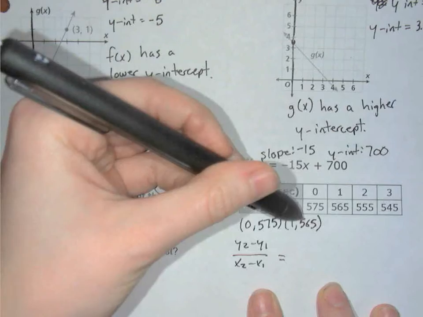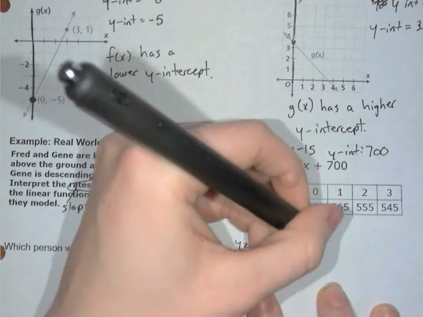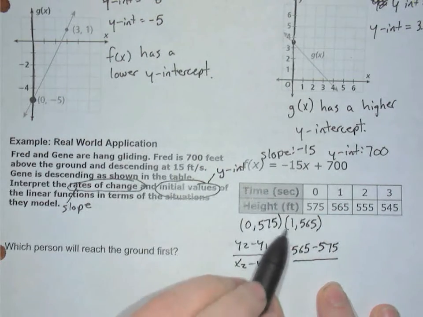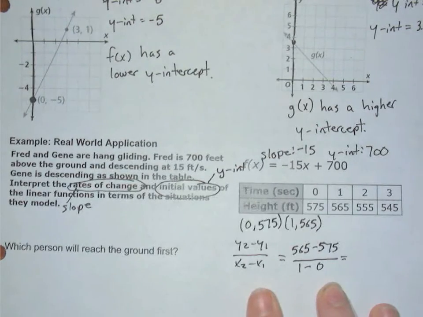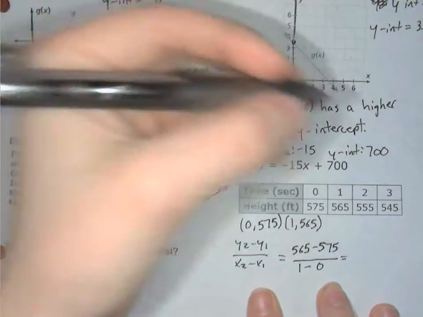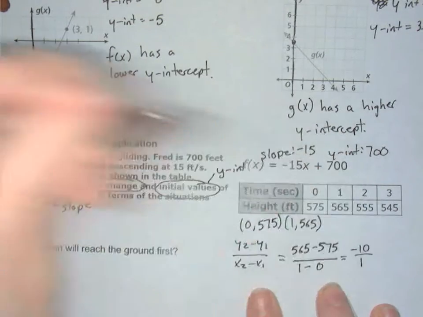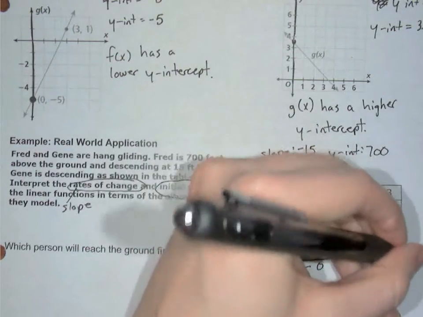So we've got 565 minus 575 over x2, which is 1, minus x1, which is 0. 565 minus 575 gives me a negative 10 over 1 minus 0, which is 1. So negative 10 divided by 1 gives me a slope of negative 10.